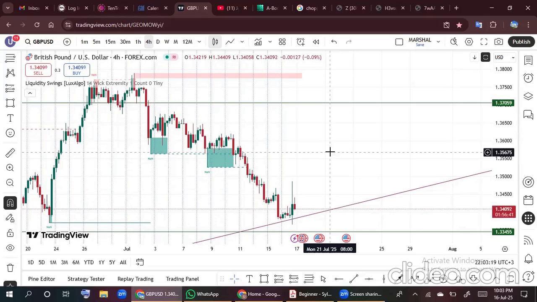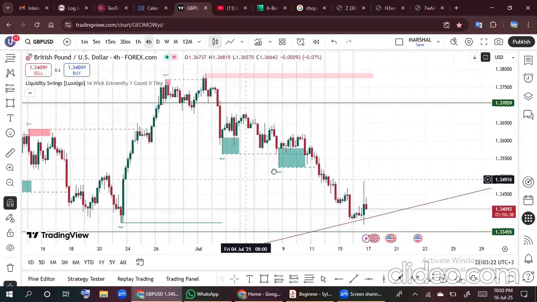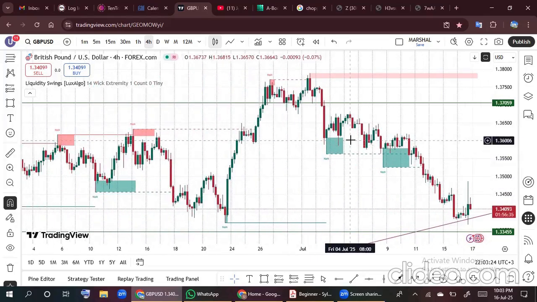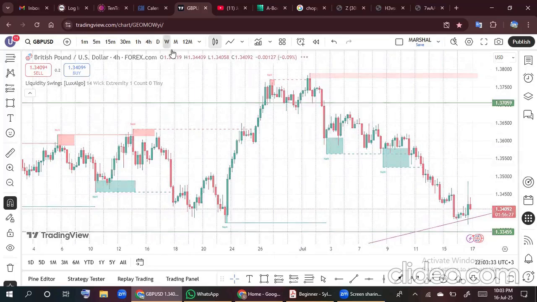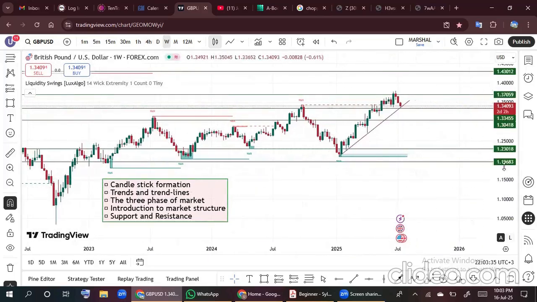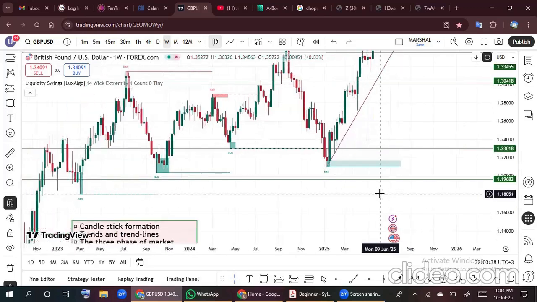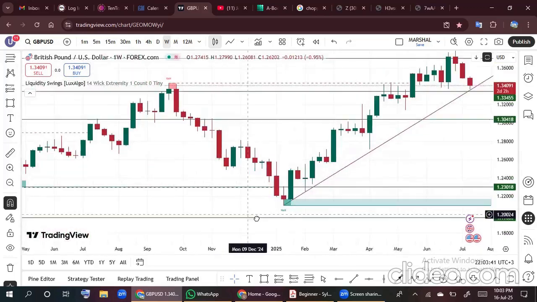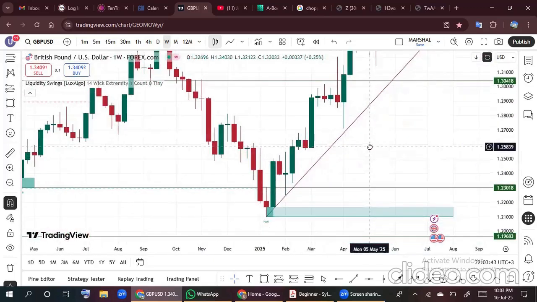So let me start with the one I already mentioned. There is a candlestick pattern called bearish or bullish engulfing. Let me go to the weekly. This is a very typical example of it here. Now, please let me say this, and it's very important.